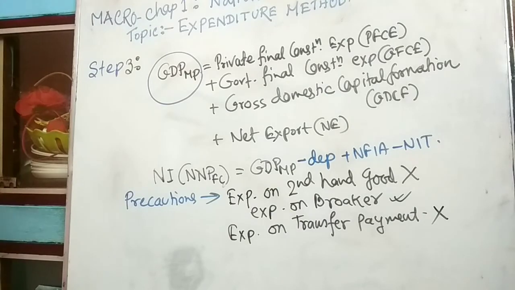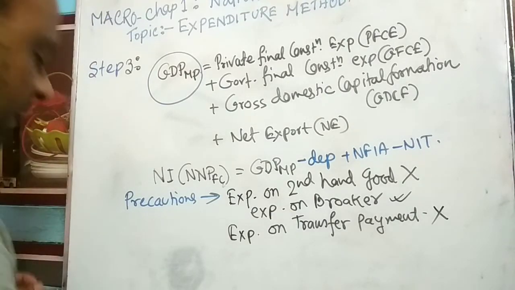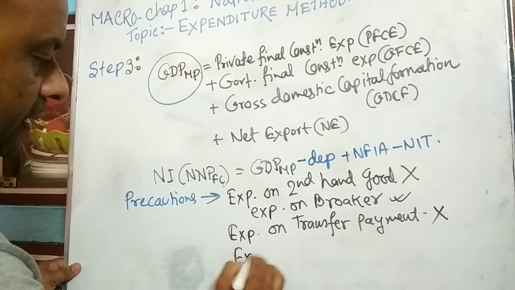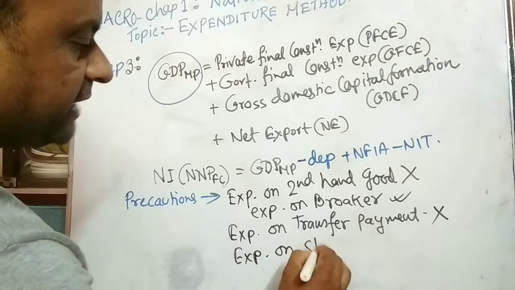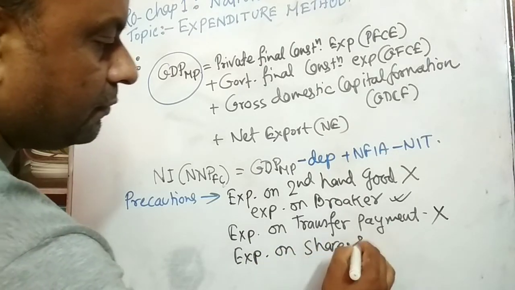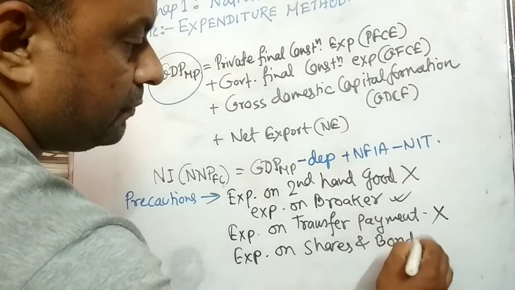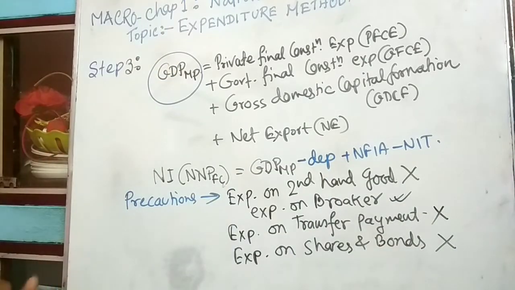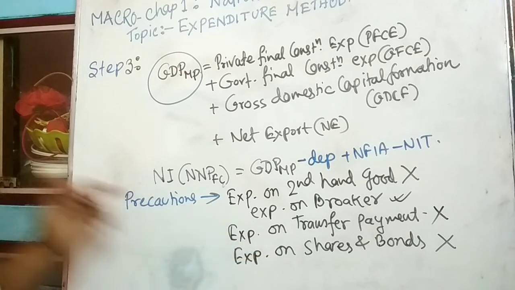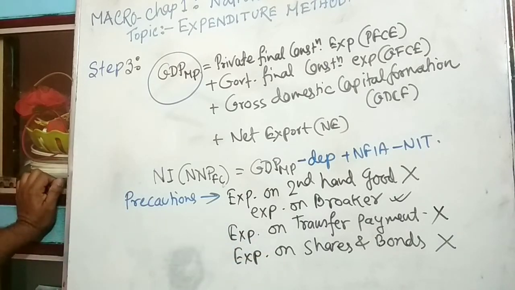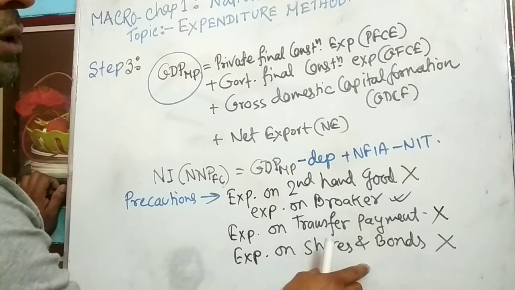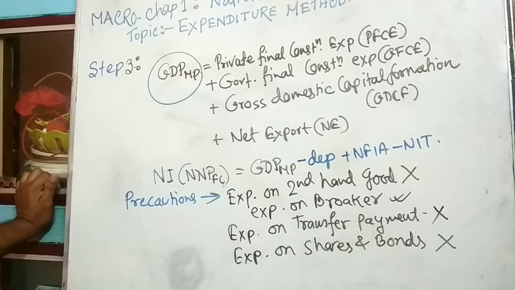Then expenditure on shares and bonds is also not included, because when you purchase a share or bond, it is a mere transfer of ownership. No new things are produced. If I purchase a share from another person, only the ownership is changed. No new goods or services are produced.